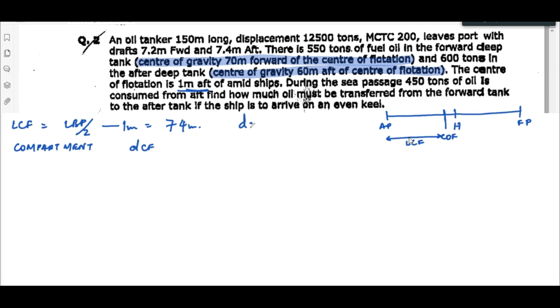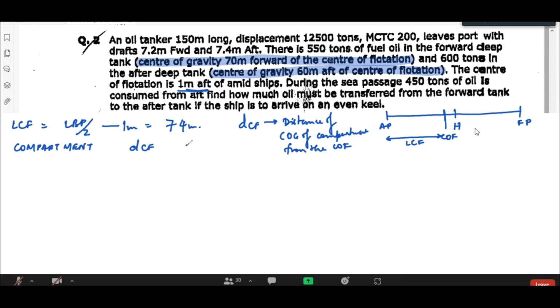Please make a note always in your paper that when we say DCF, DCF is the distance of COG of compartment from the center of rotation. So this is the DCF. So always make a note of that one. Yeah. So DCF, weight, and trimming moment.